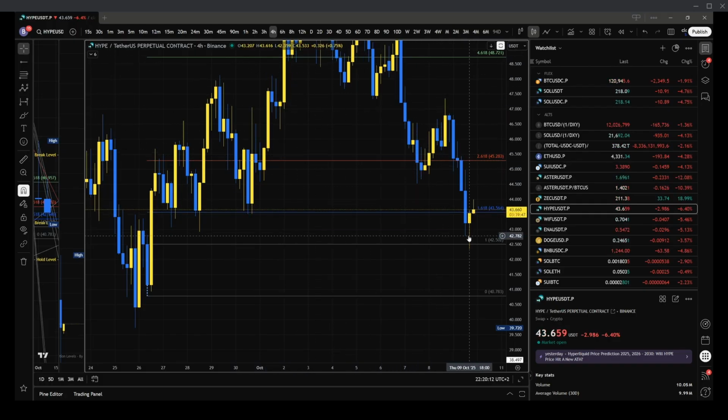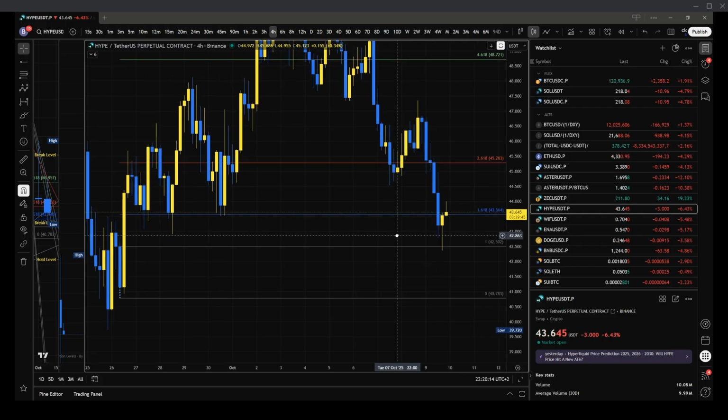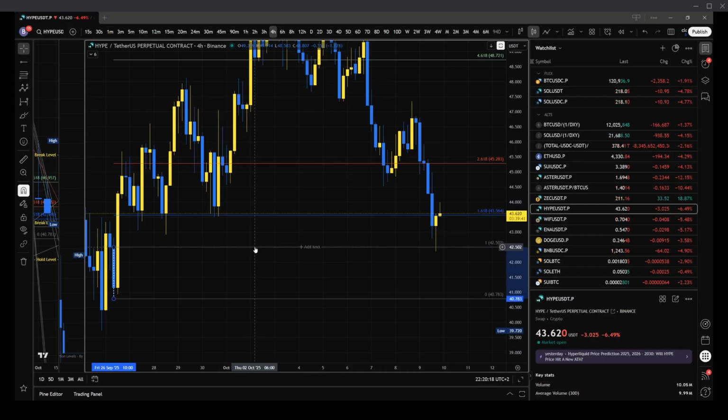And now, today was the day that price was revisited and beautifully bounced off of there for multiple reasons, because there was also a weekly support level, which makes it extra strong to trade those things.